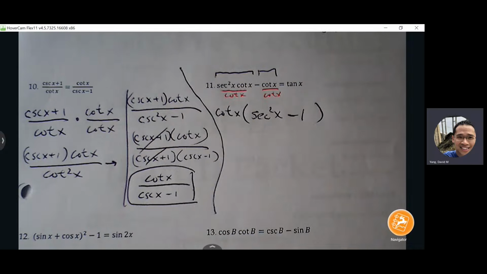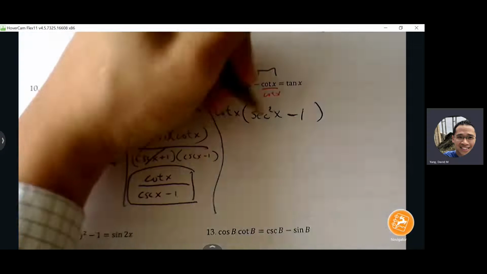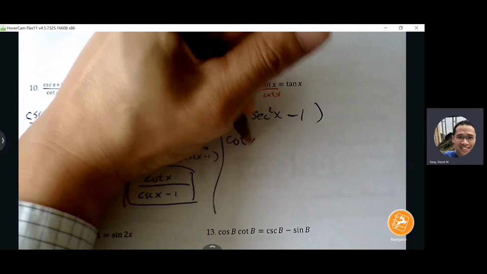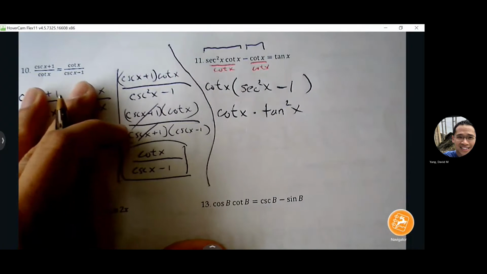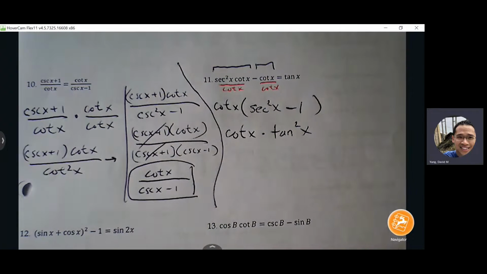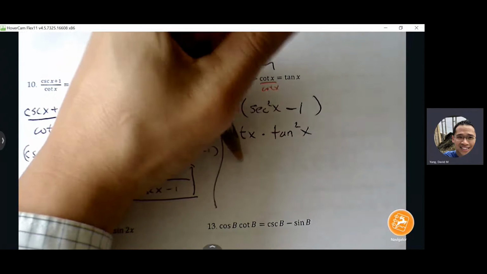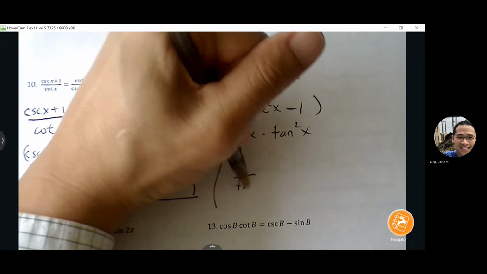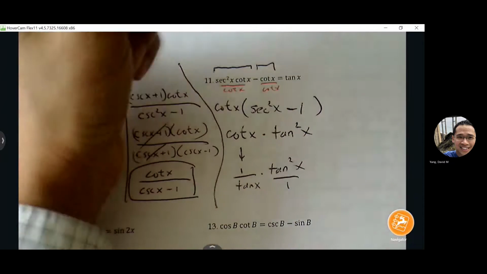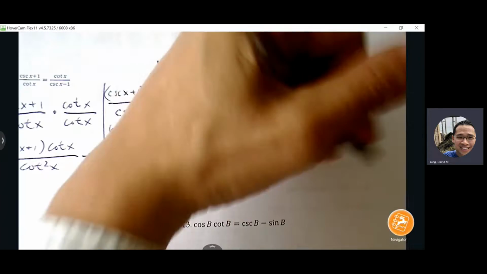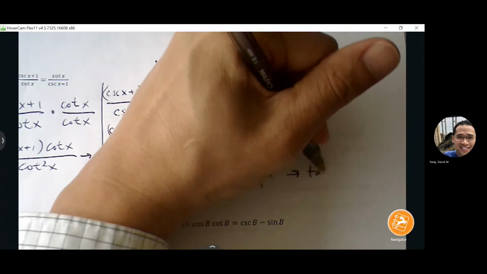What's secant squared minus 1? Tangent squared. I want my answer in terms of tangent, so I'll just convert this cotangent. Take out one of the tangents, I'm only left with a tangent up top.